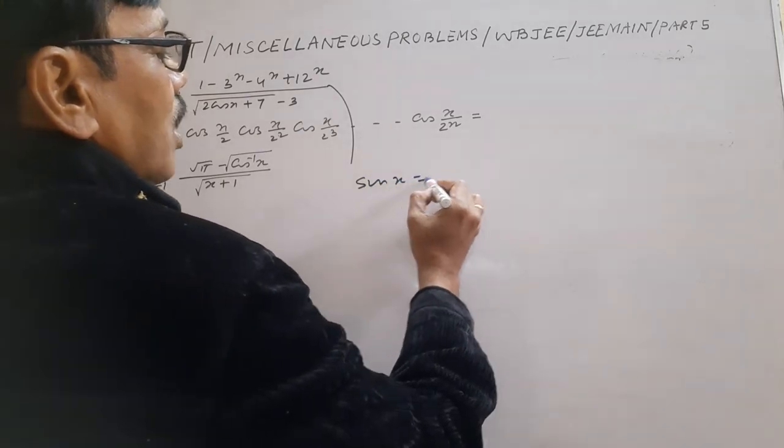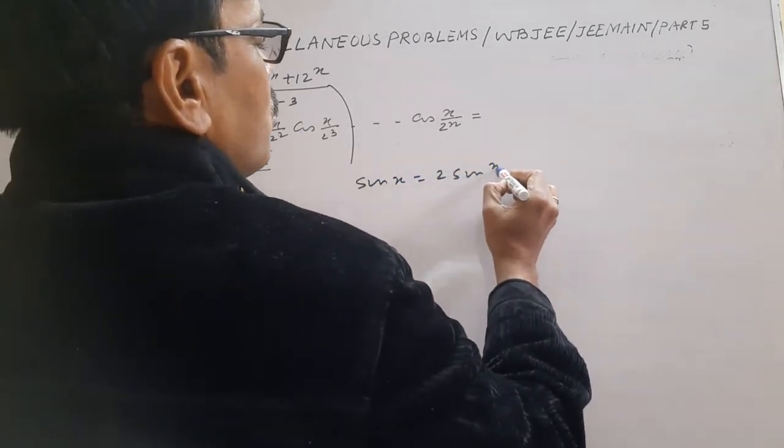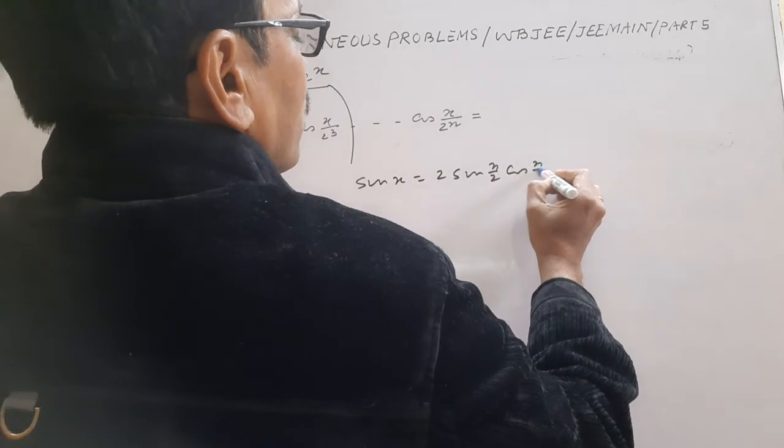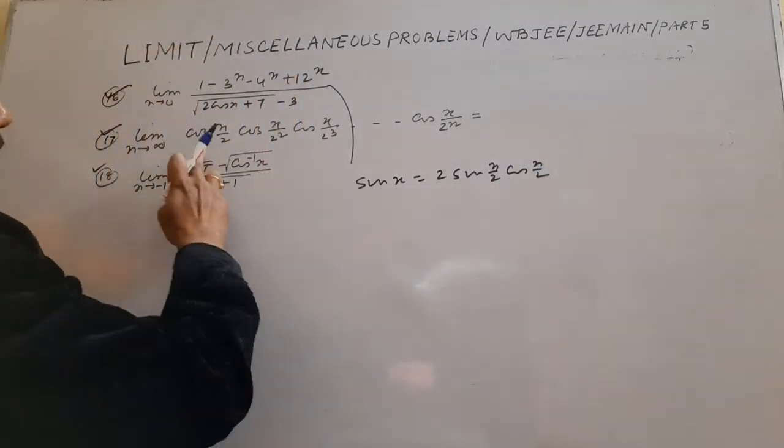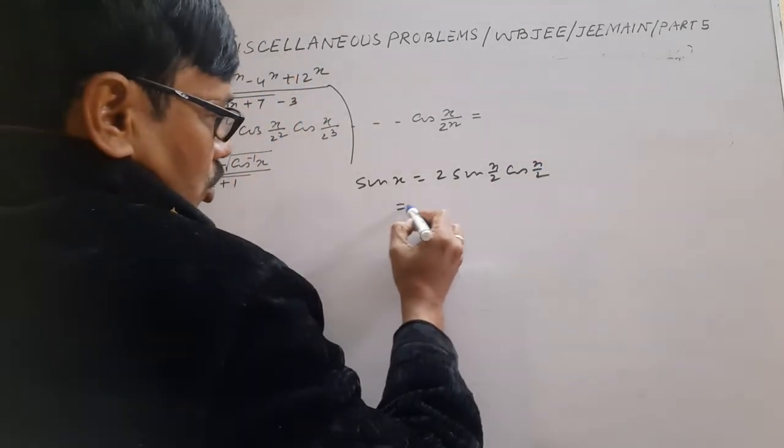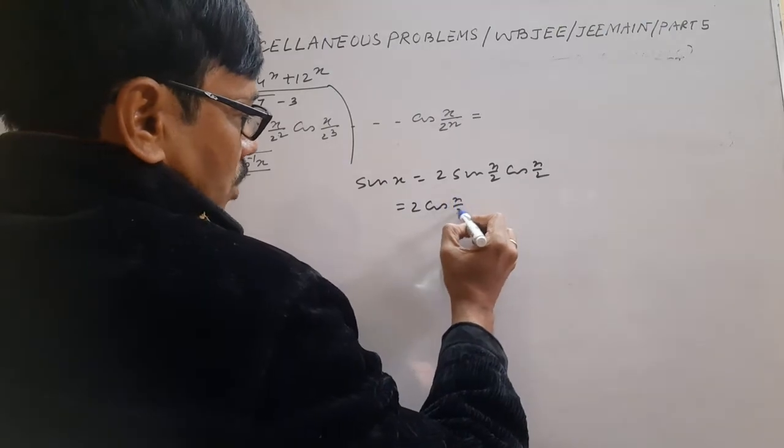You know sin x equals 2 sin(x/2) cos(x/2). There is no sine here, so 2 cos(x/2) is unchanged.